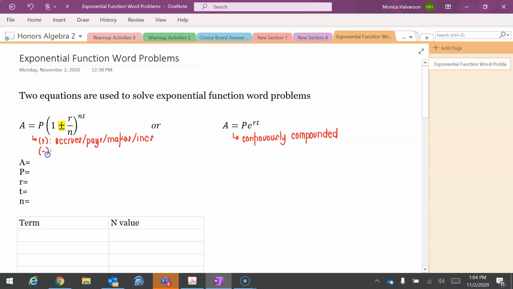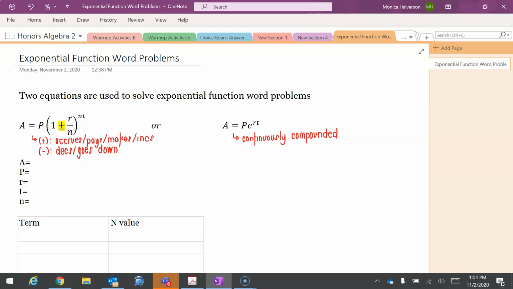And you're going to use minus when you see decreases or goes down. Looking at the word problem and identifying what kind of formula you're going to use always happens first.